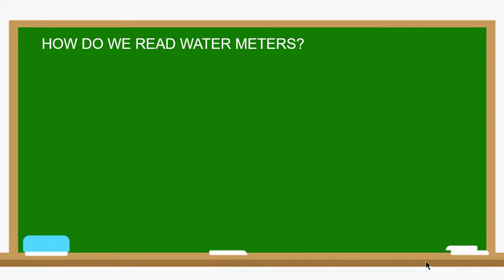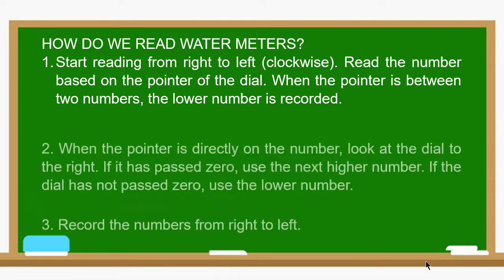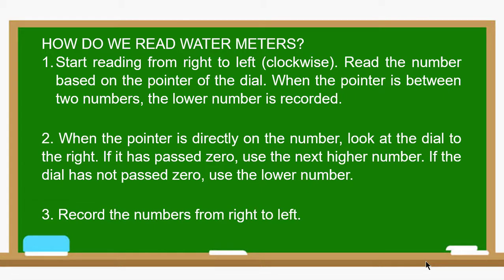How do we read water meters? Number 1. Start reading from right to left clockwise. Read the number based on the pointer of the dial. When the pointer is between two numbers, the lower number is recorded. Number 2. When the pointer is directly on the number, look at the dial to the right. If it has passed 0, use the next higher number.